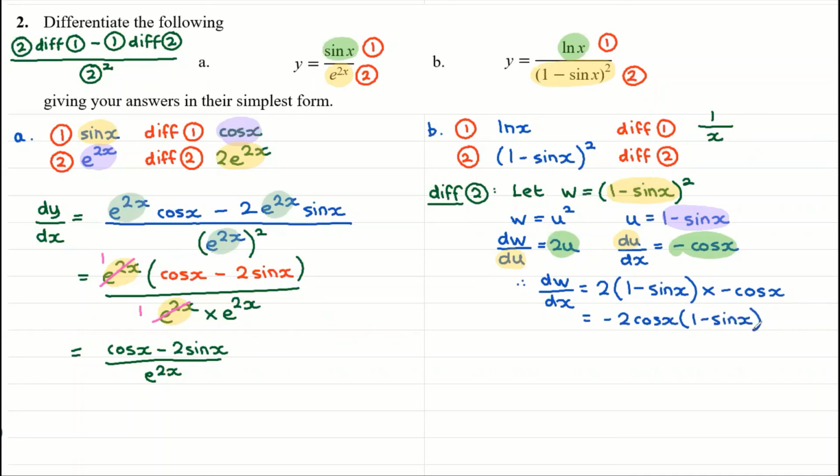There we go. So that's our derivative for 2. So we've done a little bit of the chain rule just here to get that. So let's put that in for our derivative of 2. So this is going to be negative 2 cosine x multiplied by 1 subtract sine x. Like that.